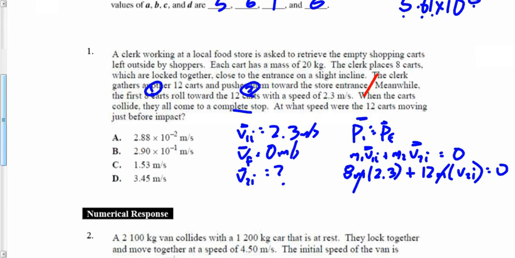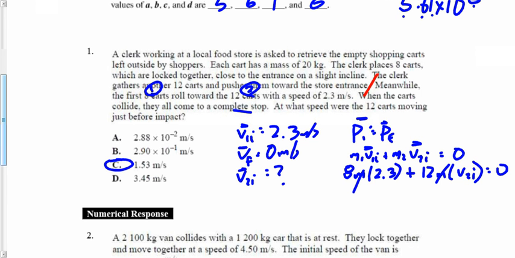8 times 2.3, take it over by subtracting, divided by 12, gives me 1.53 meters per second. We could have almost guessed the answer was 1.53. Which one do we know 100% for sure would not have been correct?